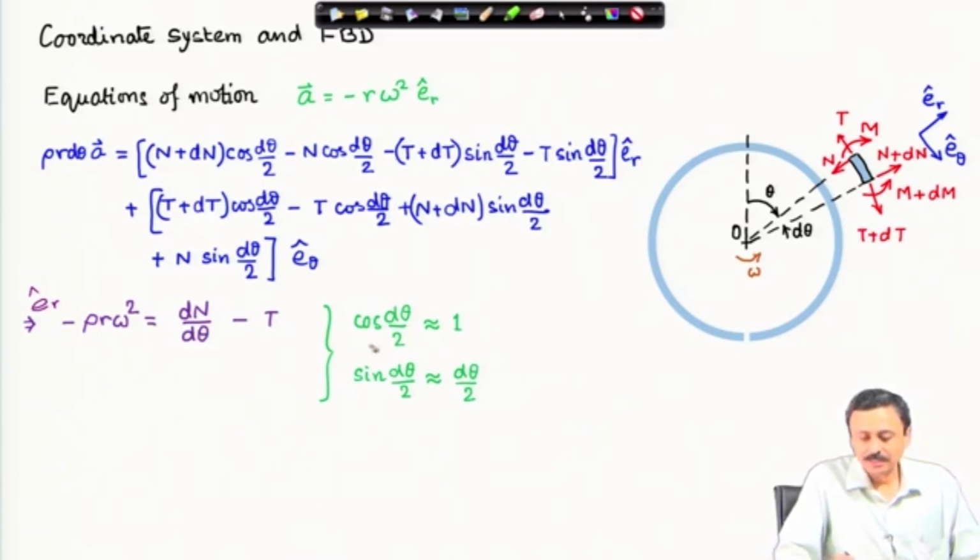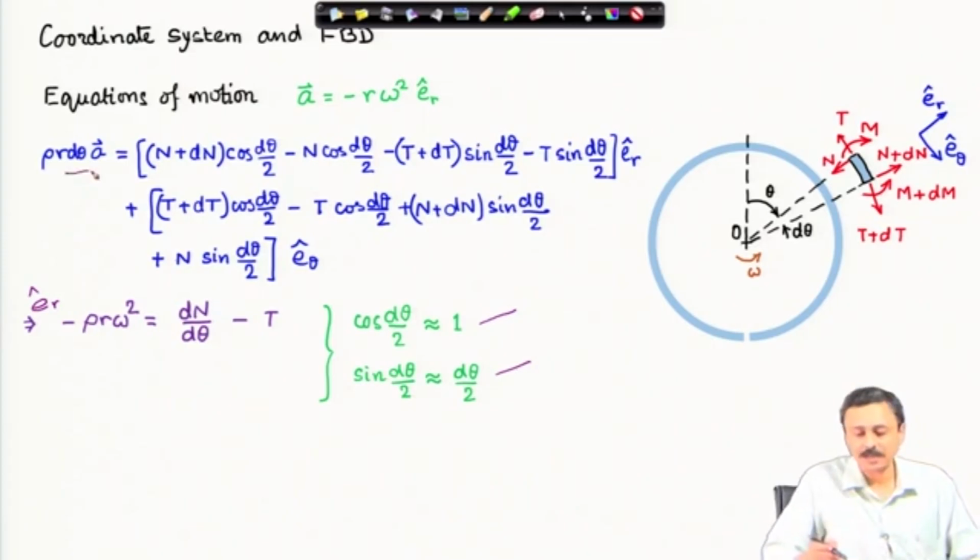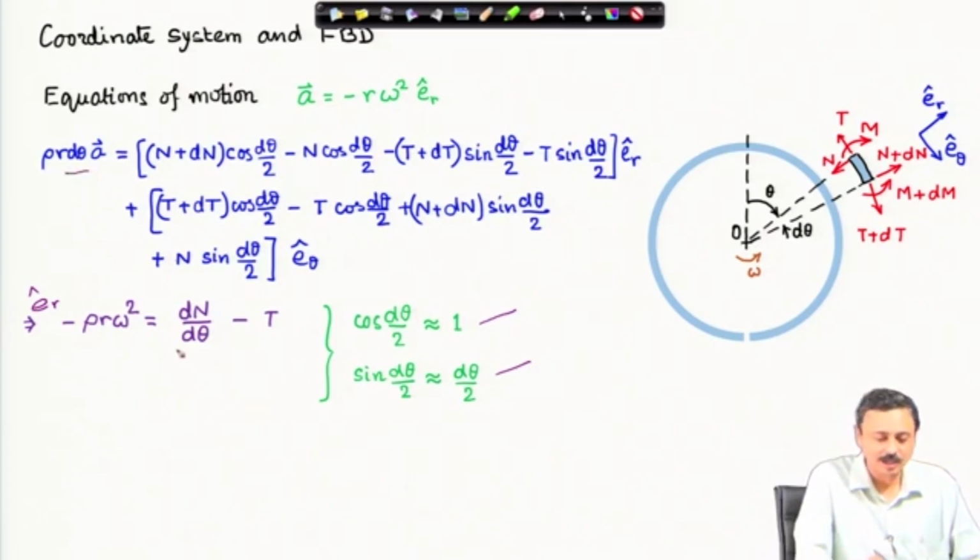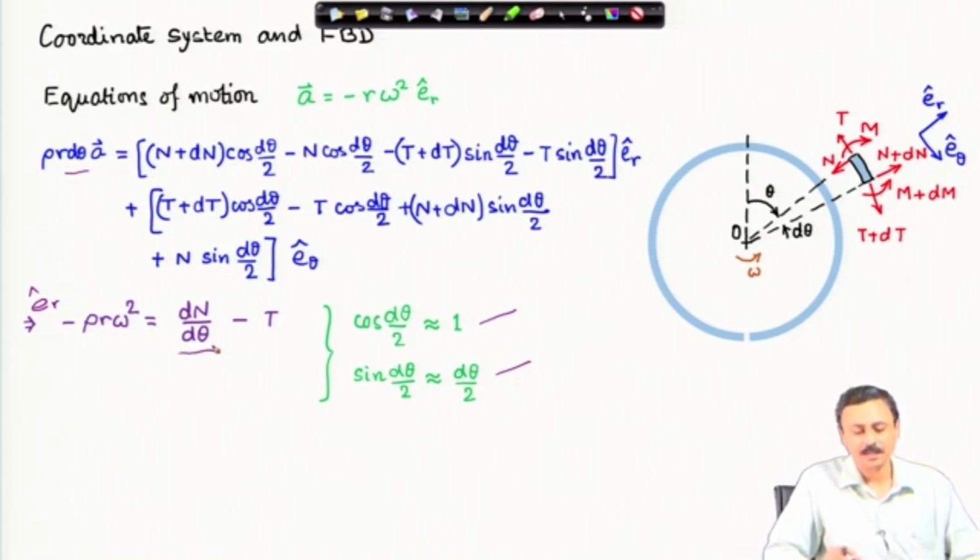What I have done is cosine d theta by 2 I have approximated as 1, and sine d theta by 2 I have approximated as d theta by 2, and I have also dropped the second order small terms, and I have taken this d theta from the left hand side to the right hand side, and that is how I get dn and dt by d theta, etc.